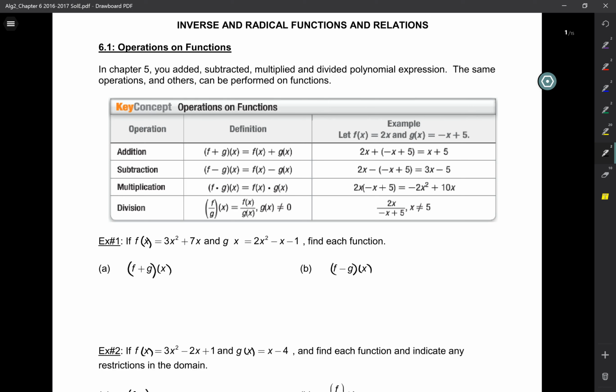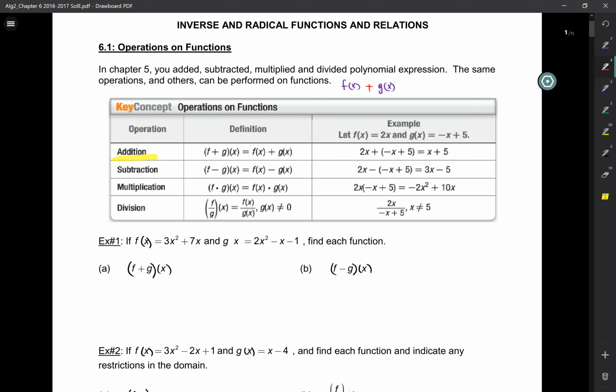And you know how to do this, and for the most part, it's the notation that we have to get used to. All right, so first off, if you want to add two functions, suppose I have f of x and I have g of x, and suppose I want to add these two functions.